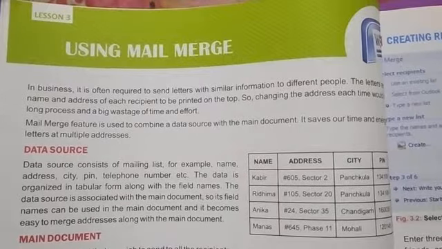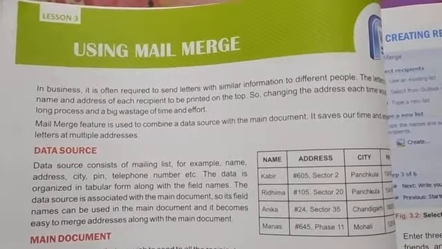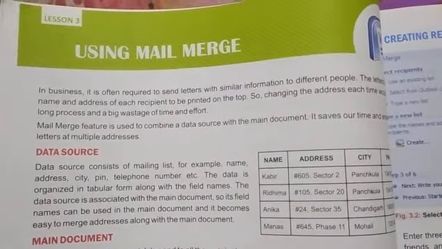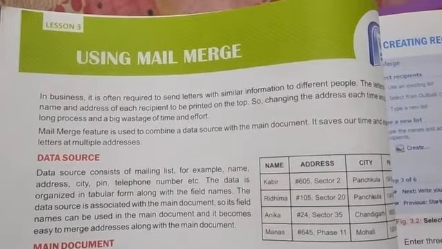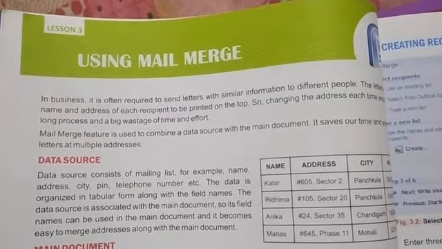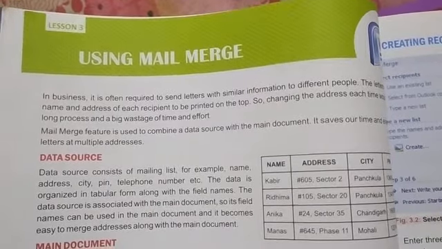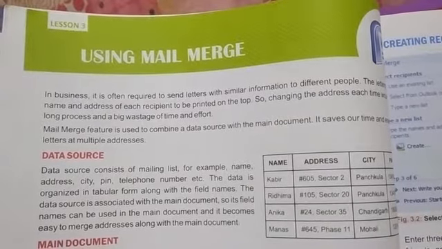That means in a business or in our personal life, if we want to send the same kind of letter to different people, then we should place each recipient's address and name on the top of each letter. So this becomes a very long process and a big waste of time and effort.